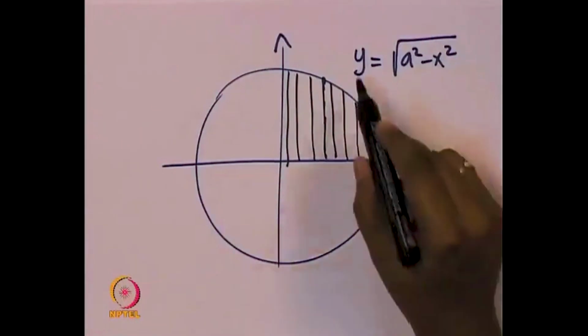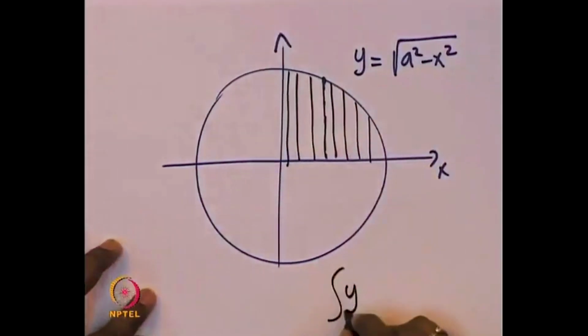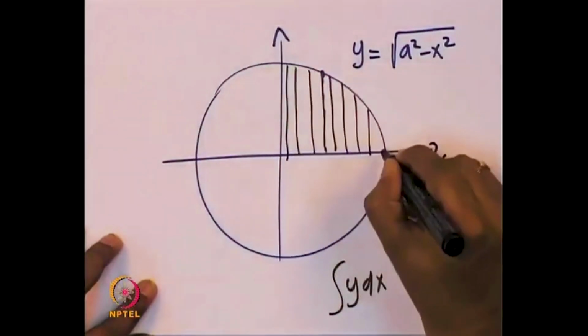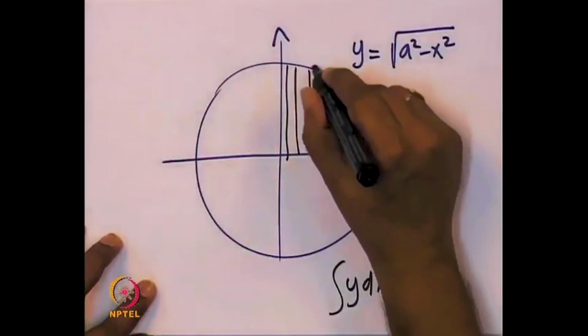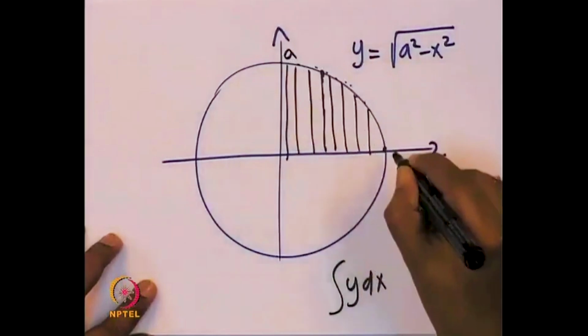So, we know this y, and we can do the integral of y dx from here to here. This is x equal to 0 and this is x equal to a.